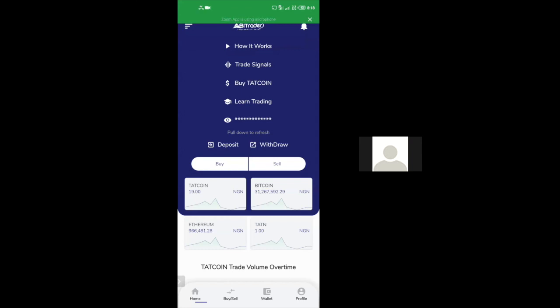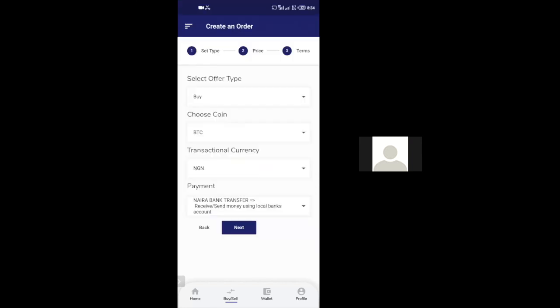So with that said, let's quickly dive into what our major class will be for today, which is learning how to buy on the ABiTrader app and how to sell. Now, for example, I want to buy, what I need to do is very simple.